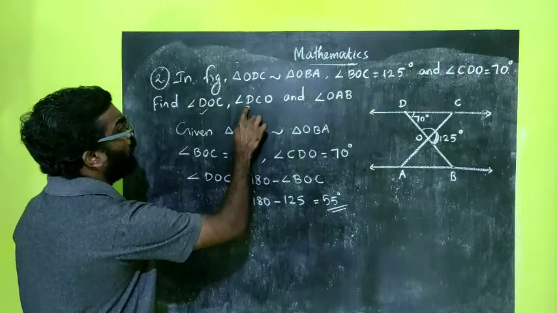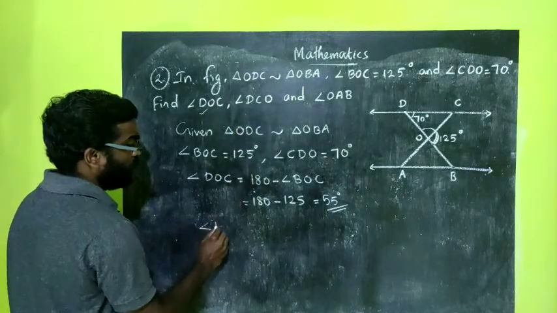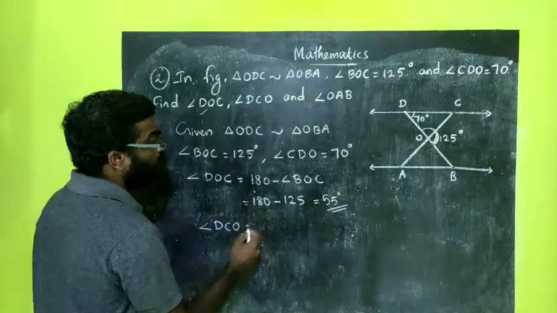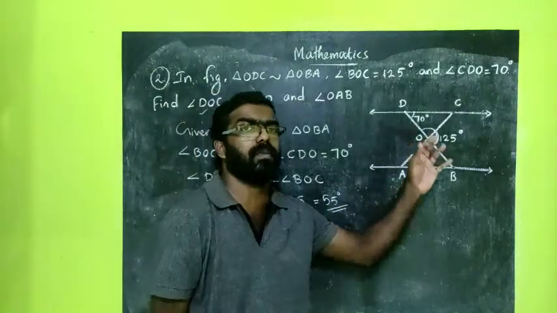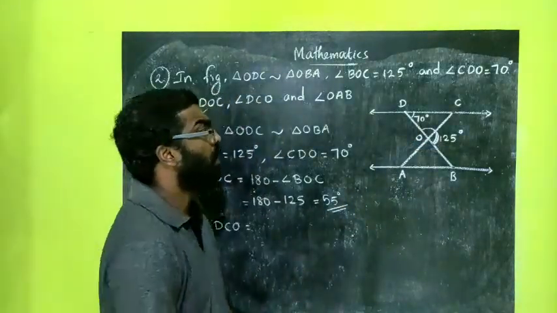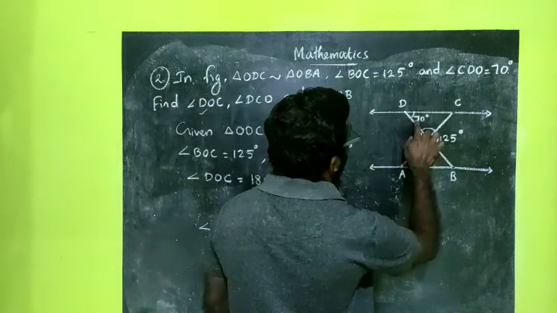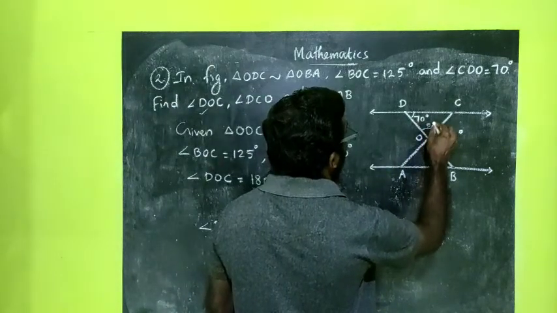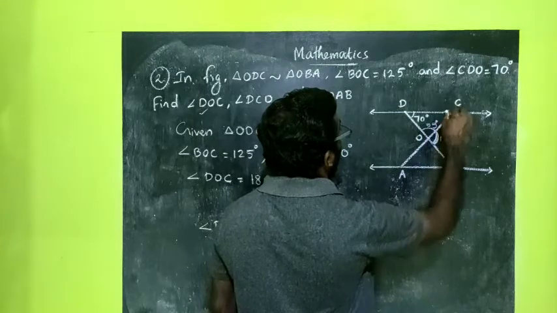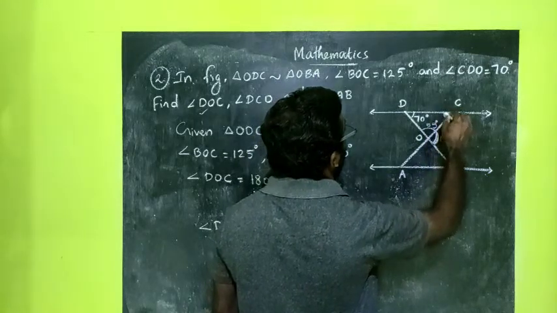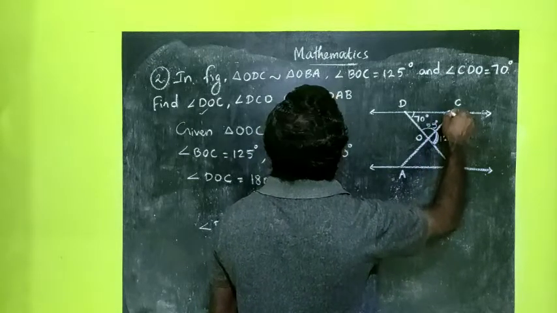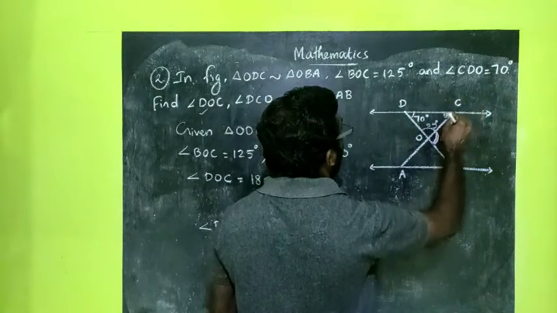Then the next one is angle DCO. We know the sum of angles of a triangle is 180 degree. Here one angle is 70 degree, here it is 55 degree, and we have to find the third angle, namely angle DCO.